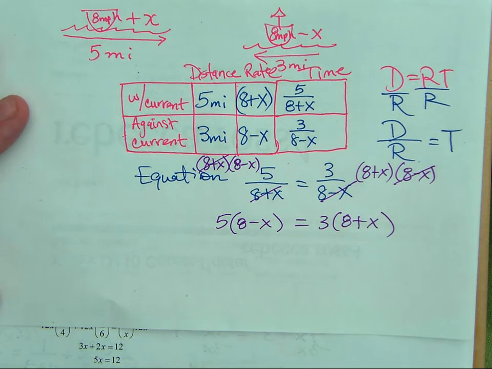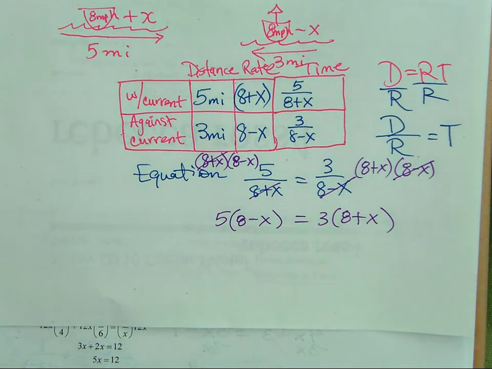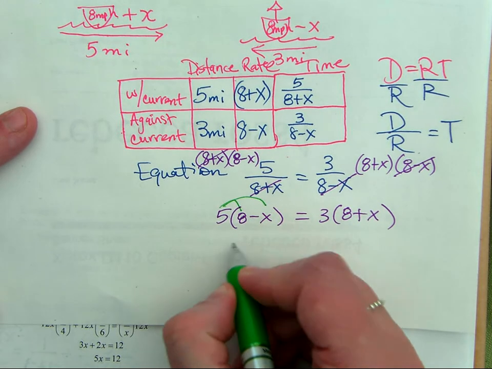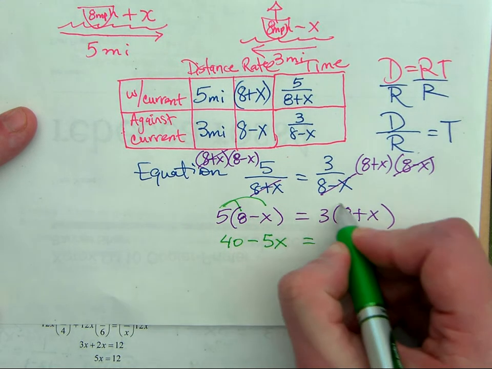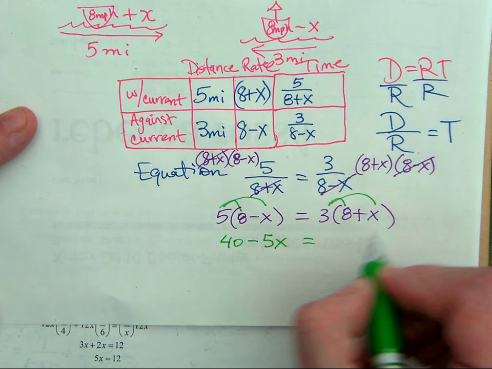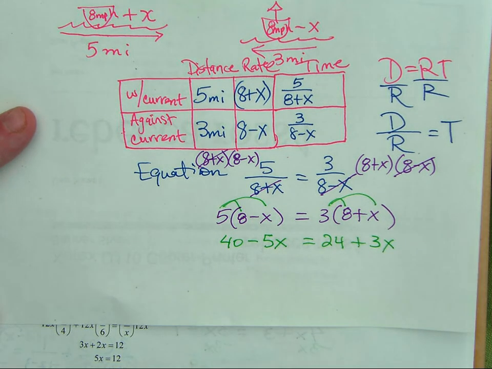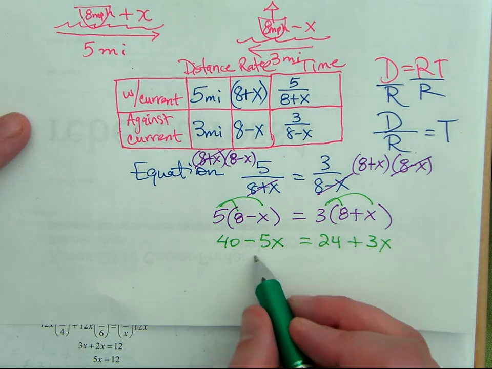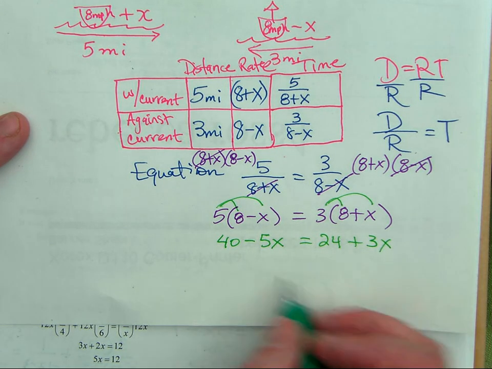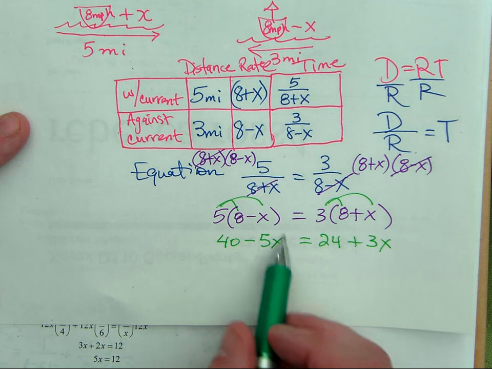And what should I do to solve now? Yeah, distribute. So we get 40 minus 5x equals 24 plus 3x. What should I do next? Sure, we could do that. I usually like to get my x's on one side, and I prefer to have a positive coefficient.